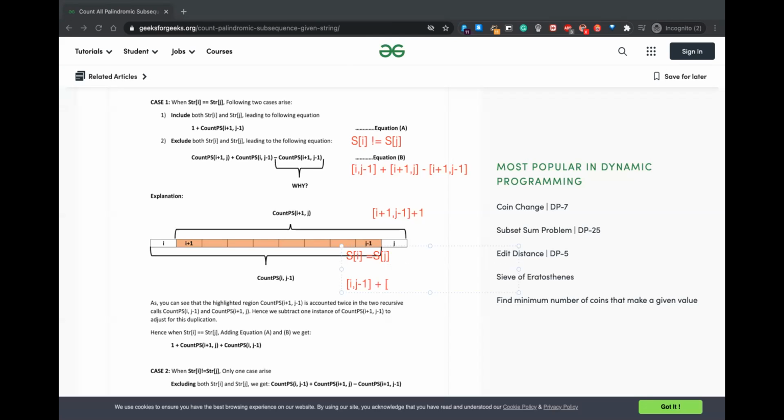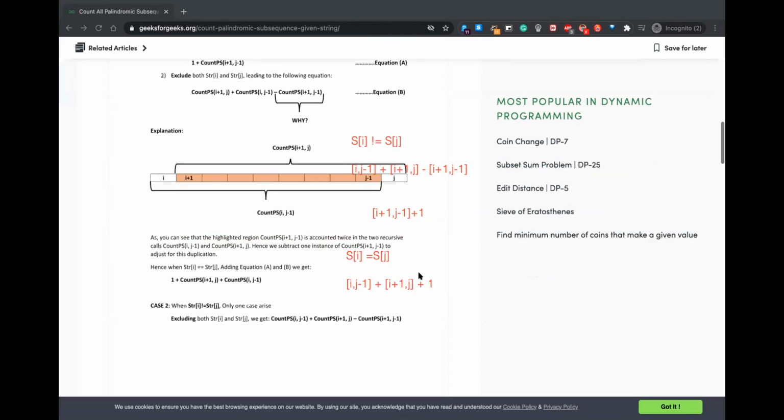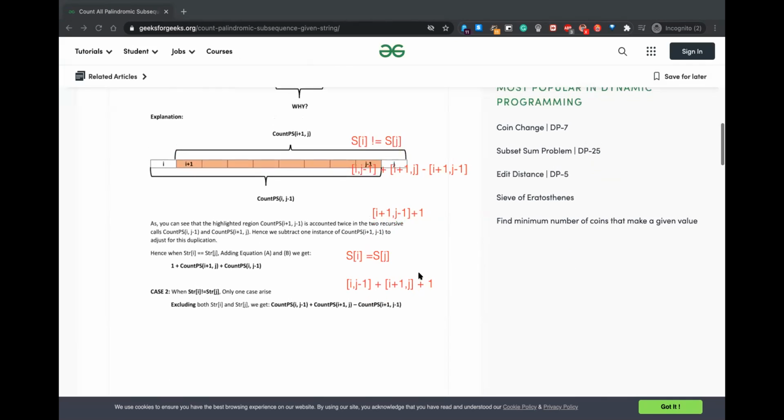If the extreme characters are A, individually they are all palindromes, right? Yeah, that is included in the third line, I guess: i plus 1, j minus 1, plus 1.